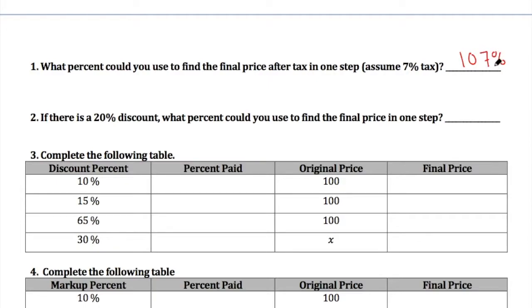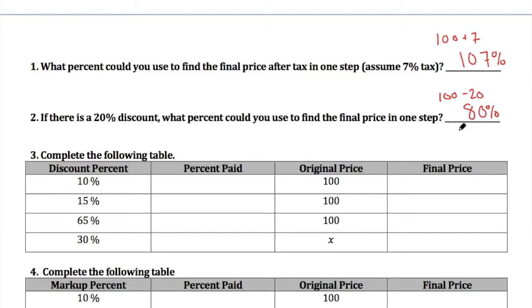Similarly, if we were talking about a discount of 20%, what percent would be used to find our final price in one step? Here, because a discount is something we're taking away, we would say that's 80%. Tax is added on, so we go 100 plus 7. But here we're taking away, so we do 100 minus 20 to get our 80.